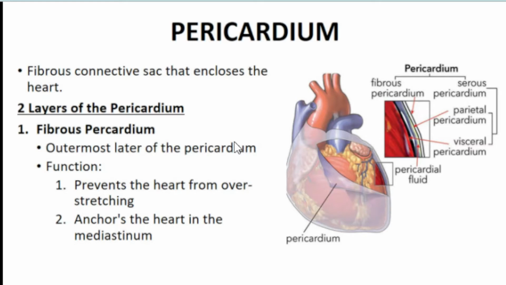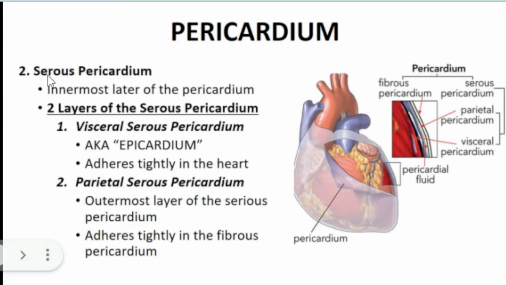Okay? So that's the role of your fibrous pericardium. Secondly, it anchors the heart in the mediastinal cavity, or it makes sure that the heart is placed stably in that cavity. The second layer is the serous pericardium, and as mentioned, it is the innermost layer of the pericardium.